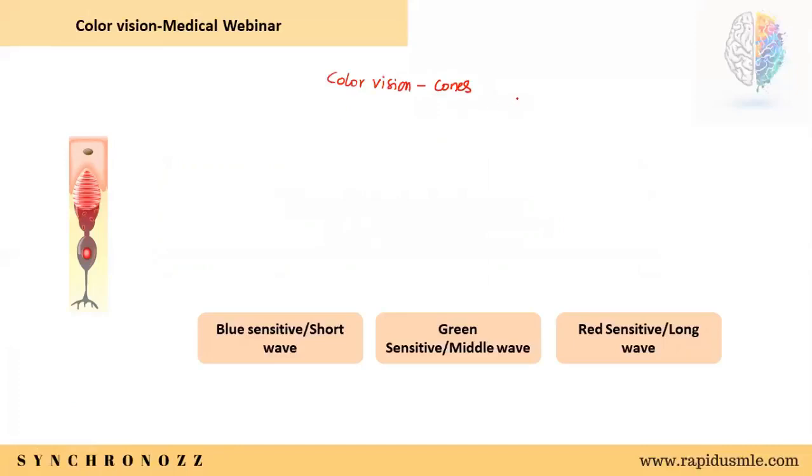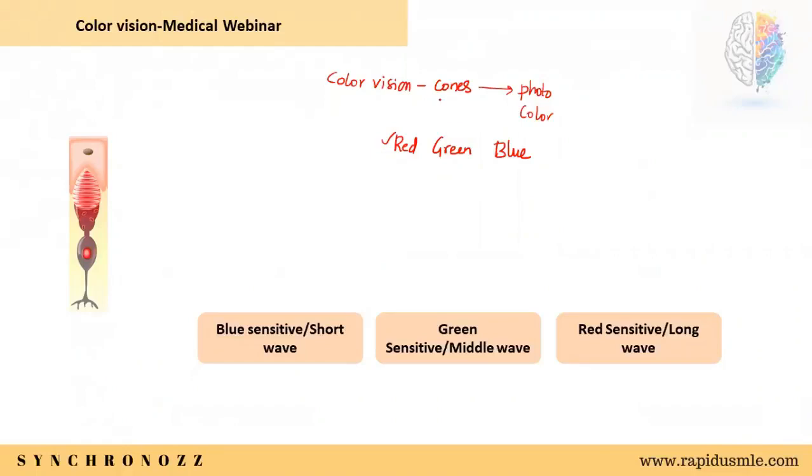Rods are concerned with night vision, that is scotopic vision, whereas cones are concerned with photopic vision and also color vision. There are three primary colors: one is red, other is green, and one is blue.